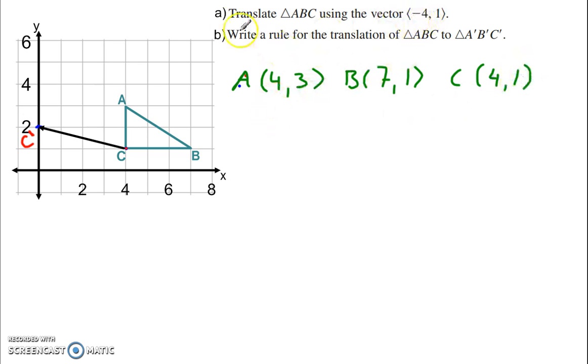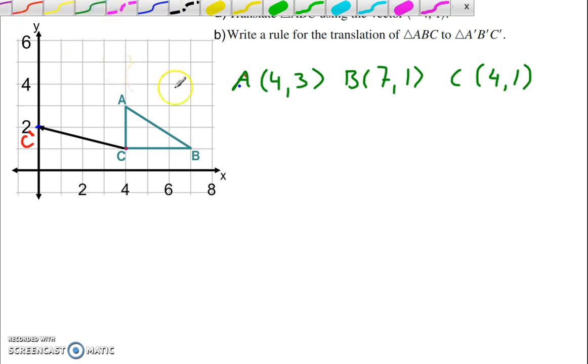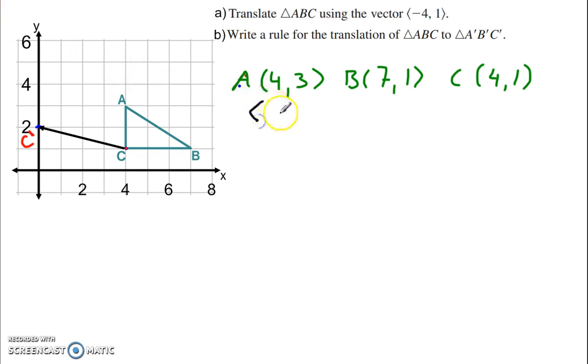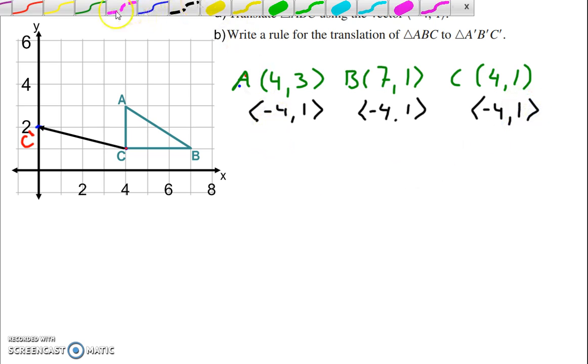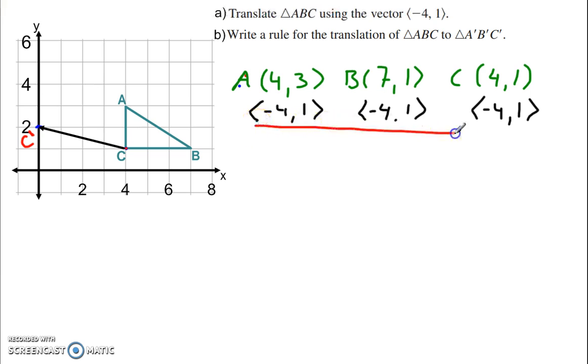I take the vector and I just write that underneath this statement. So -4 and 1. Same thing here. -4 and 1. And -4 and 1. So all I have to do now is tally this up.